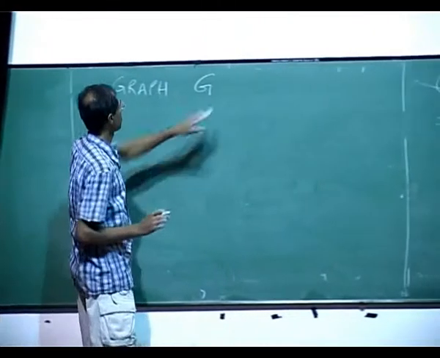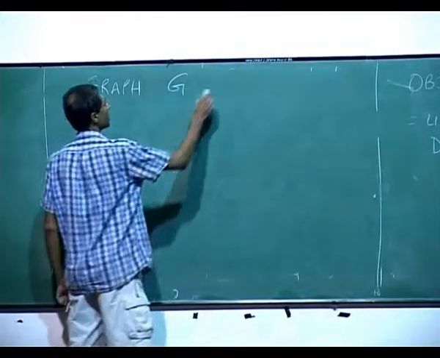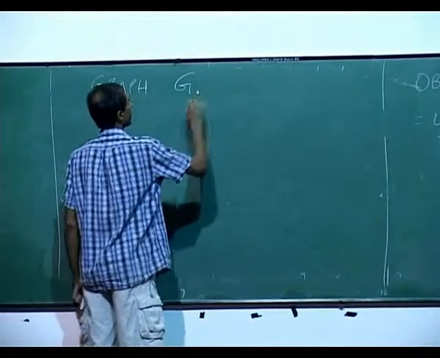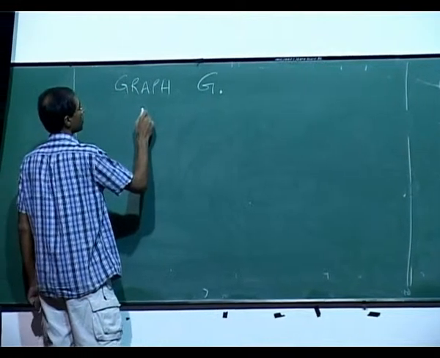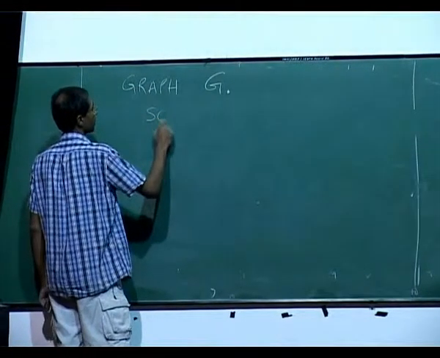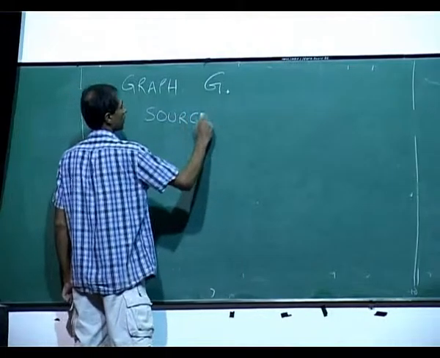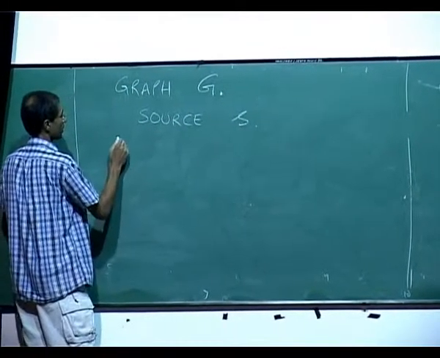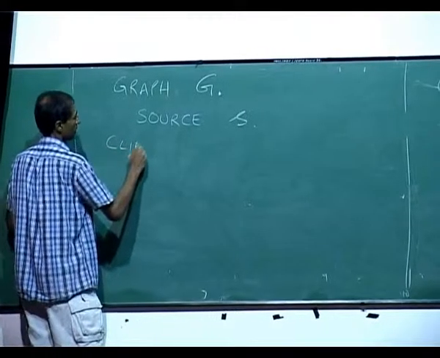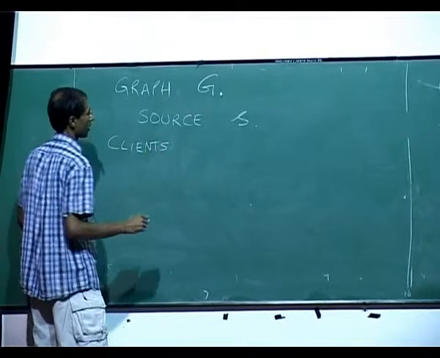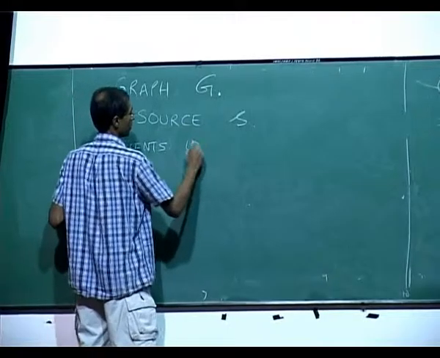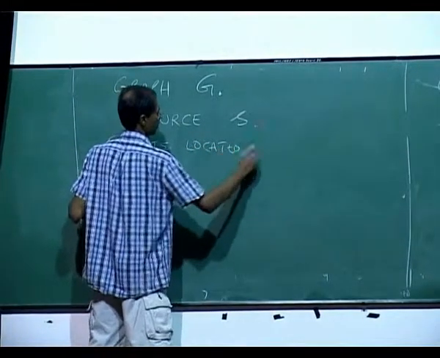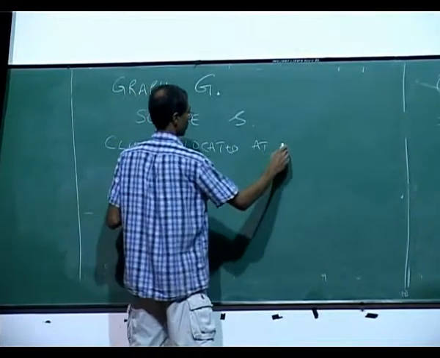I give you a graph G, and I give you a particular single source S, then I have clients located at various nodes.